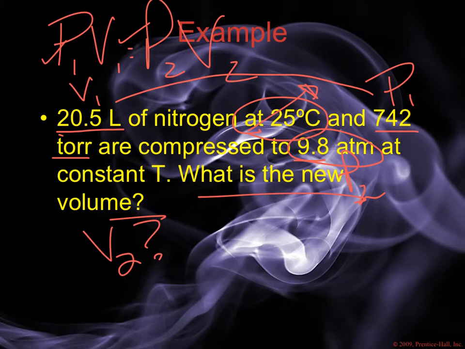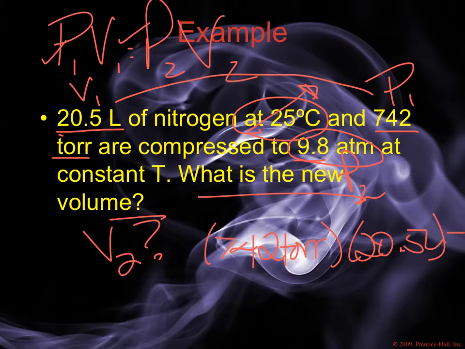Let's go ahead and plug in all the information we have. 742 torr times 20.5 liters, that's P1, V1, equals P2 times V2. Now, I'm hoping that you noticed that P2 is in atmospheres and P1 is in torr.